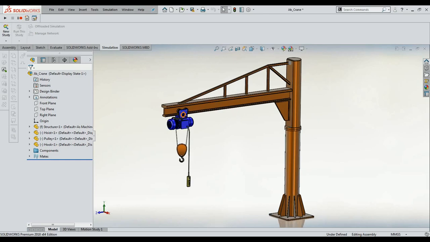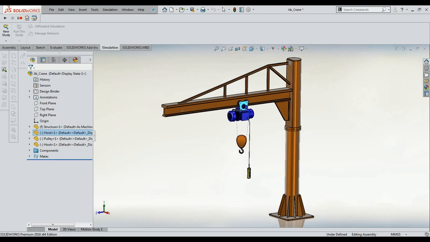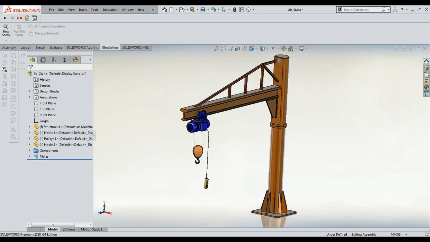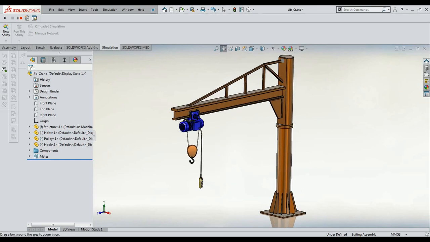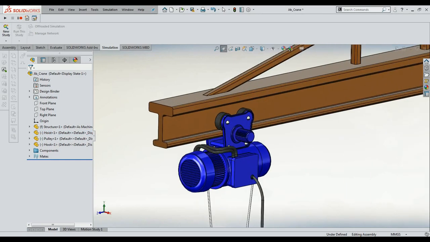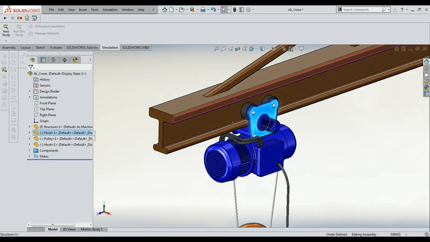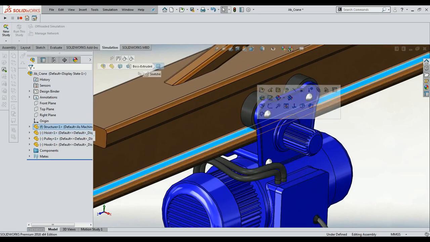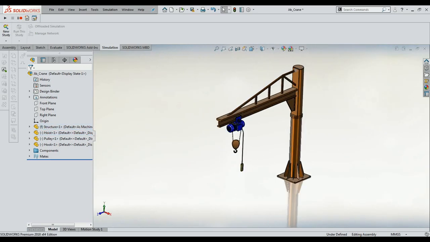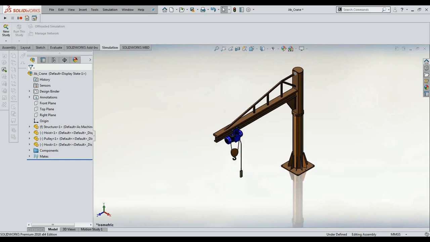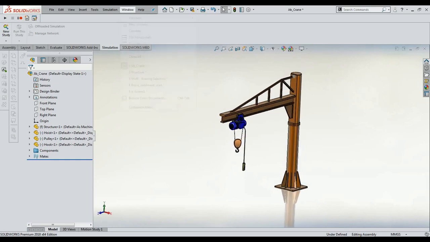The motor will carry the hook with any kind of load, with a respective force like 500 Newtons or 1000 Newtons or whatever it may be. The force induced in this roller when it moves acts on this surface. So what should I do? I just want to evaluate whether this beam, this structure, will withstand the load or not. So I am going to evaluate this model.